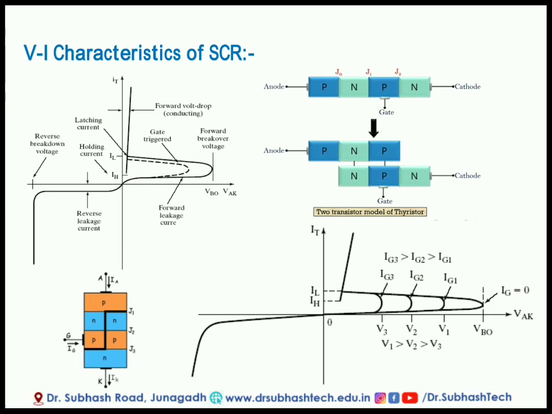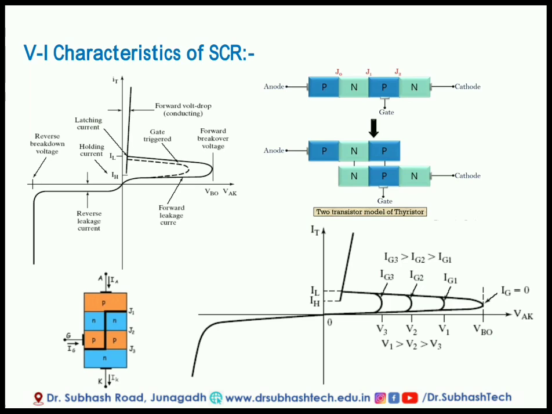The minimum current required for SCR to become on is known as the latching current. Whenever the anode current becomes below the holding current, SCR becomes off. So the holding current is related to turning off the SCR and the latching current is related to turning on the SCR. You have to remember these two, holding and latching current of SCR.